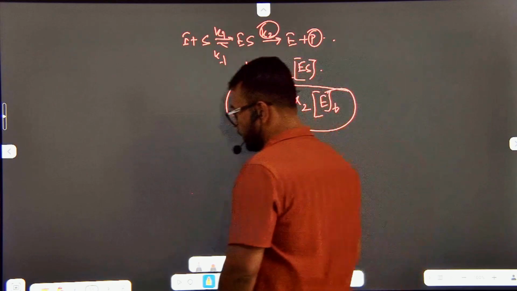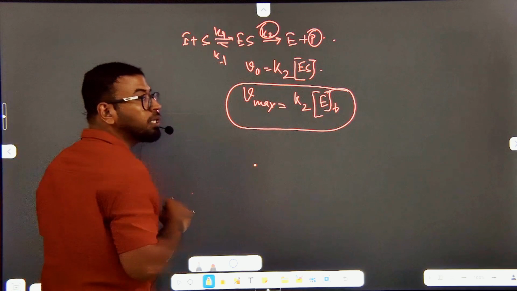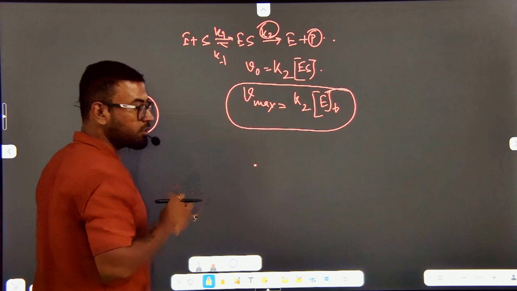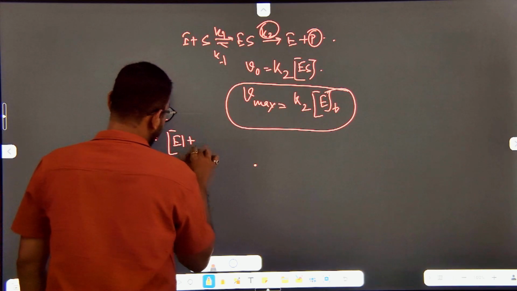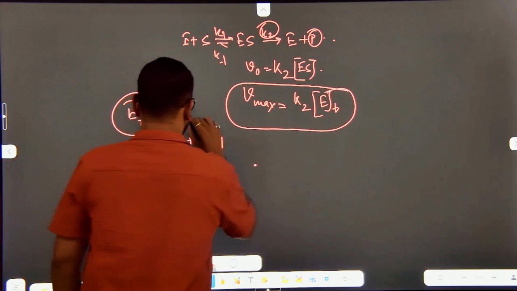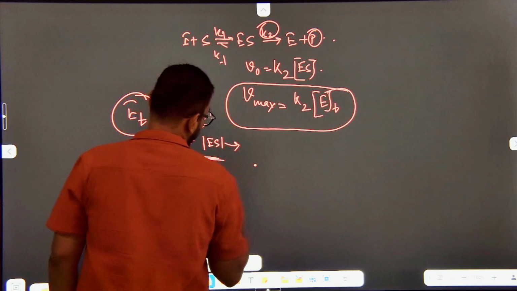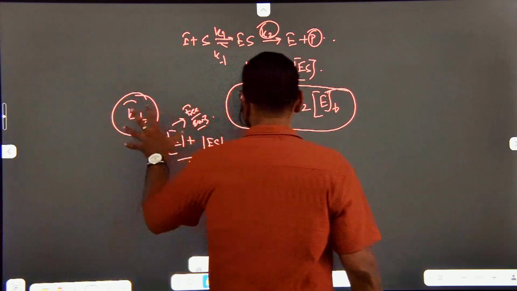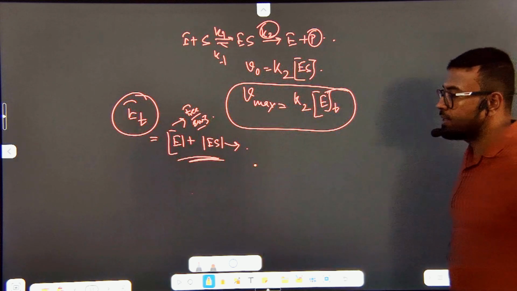Why ET? Because over here, ET is stated as total enzyme concentration within the reaction. So ET should be E plus ES. E means free enzyme, still not bound to the substrate, and ES is enzyme bound to the substrate. So the total enzyme is free enzyme plus ES.